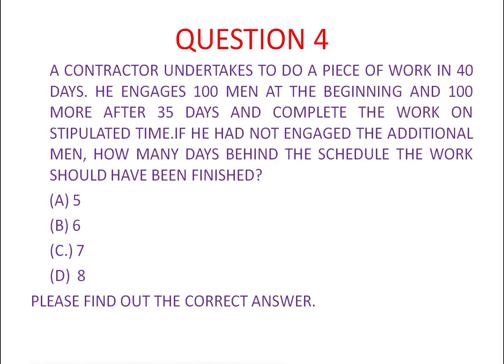In the beginning part of the question, 100 men will work for 40 days. So the total work will be 4000, and in the end part 1000 of the work is done. So in the first 35 days, how much work is done? Only 3000 units. Now we will see the solution.